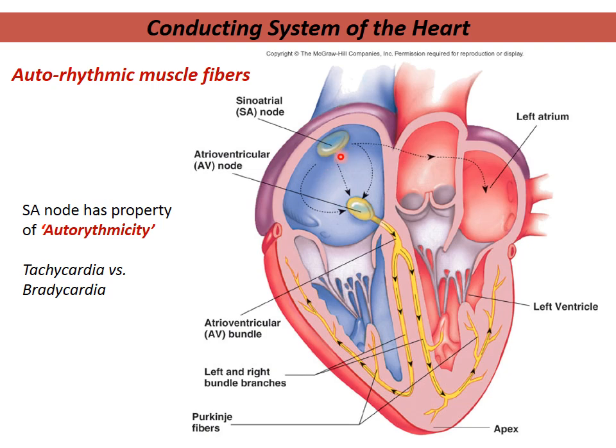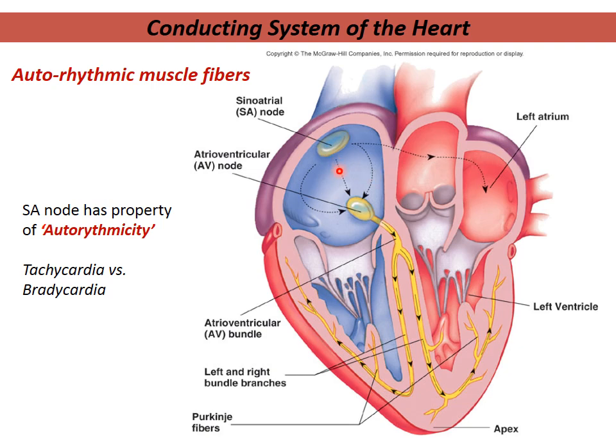When the SA node fires, it will send that electrical impulse over to the left atrium, as well as to another node called the atrioventricular node that's in the interatrial septum, the wall between the two atria. The impulse is sent through the intercalated discs, the gap junctions, very quickly to the left atrium. So both left and right atrium will contract together as a functional syncytium.